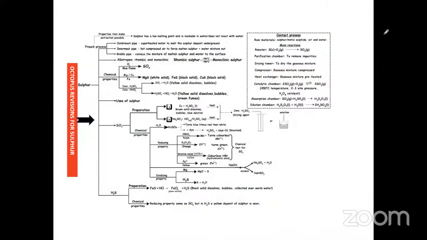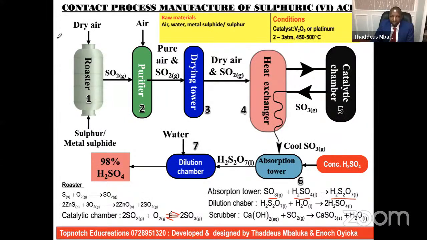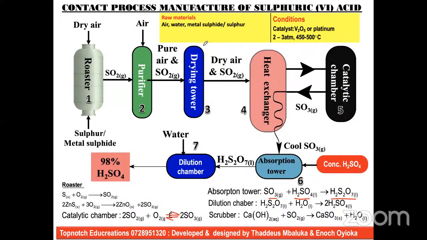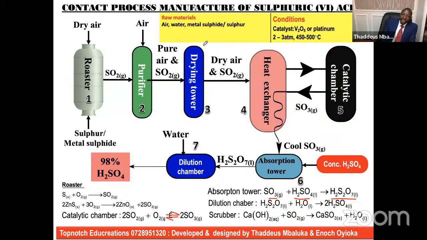The reaction is highly exothermic, so the solution formed will boil, forming a mist of tiny droplets. So the reaction between sulfur trioxide and water is highly exothermic, and it forms harmful acid droplets. That's it. Very important for you to be able to understand.